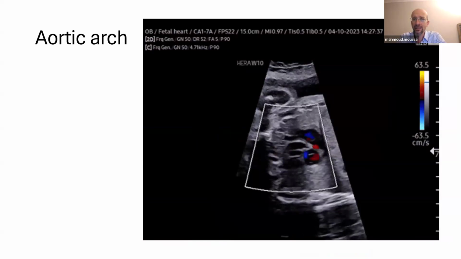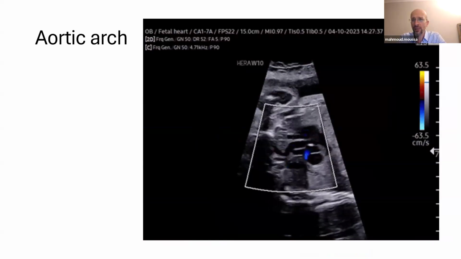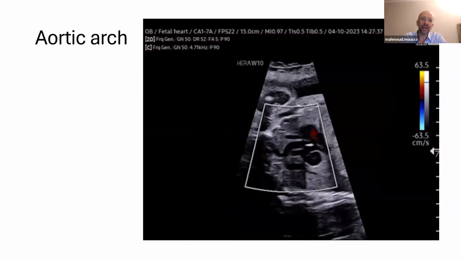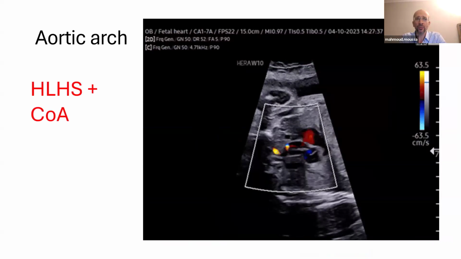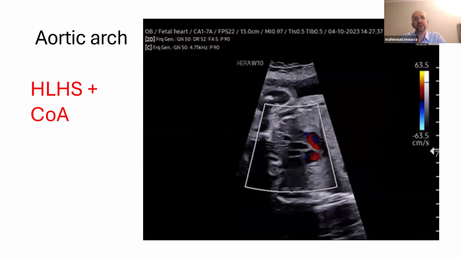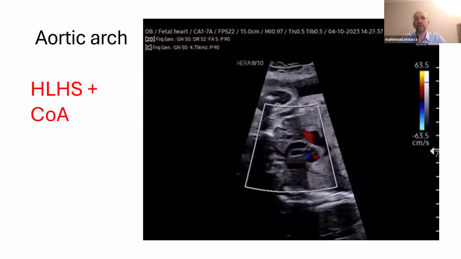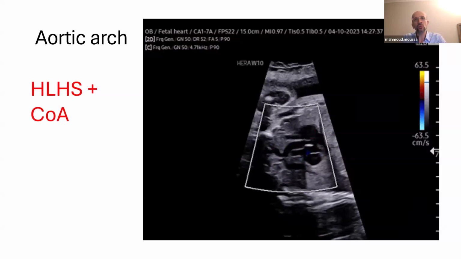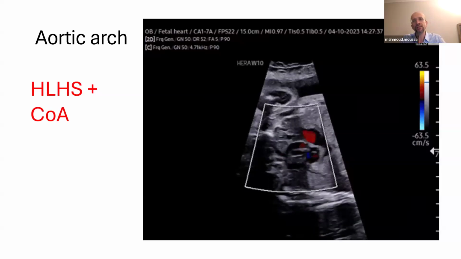And here you can see that the arch, aortic arch, is hypoplastic as well, very tiny. And this will tell you that this is a hypoplastic left side with evolving coarctation as well, which is very important because you will eventually get those left side problems; they are always connected to each other.